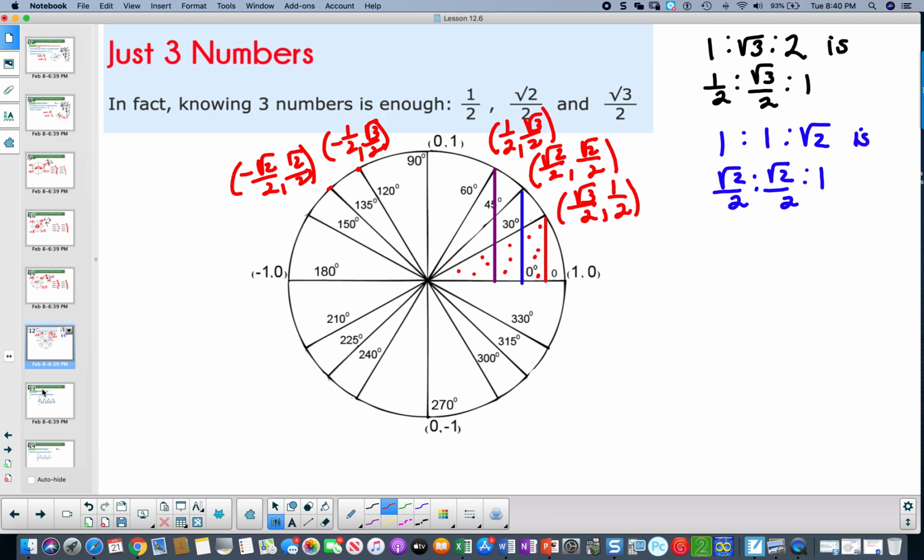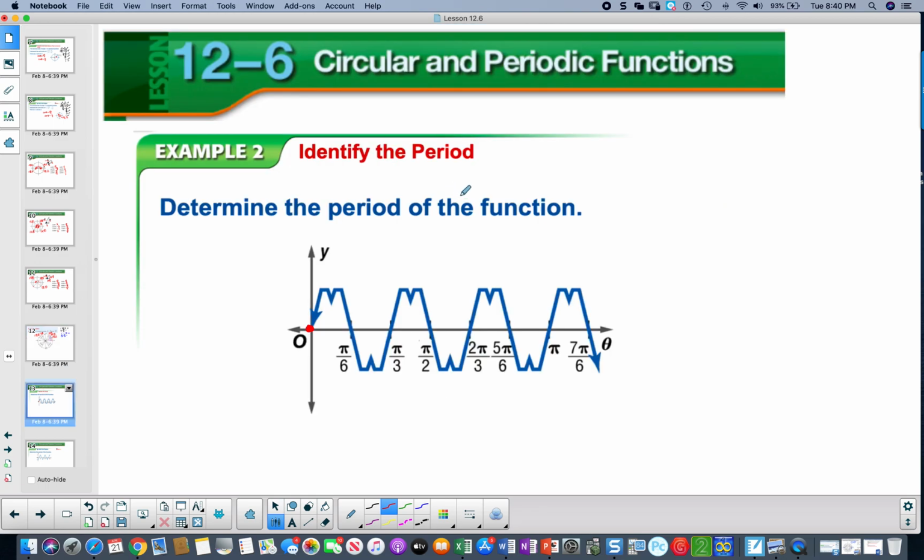All right, and one last thing that I got to cover, and that's determining a period of a function. So a period is what it takes before it repeats itself. So if this is the start and this is the finish, you can see this picture right here looks like it's going to repeat itself right at this point.